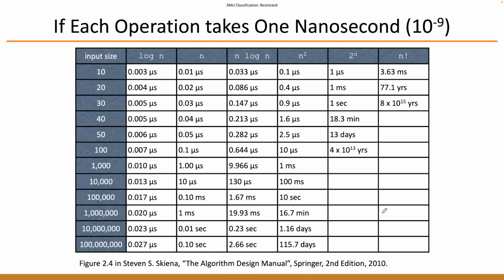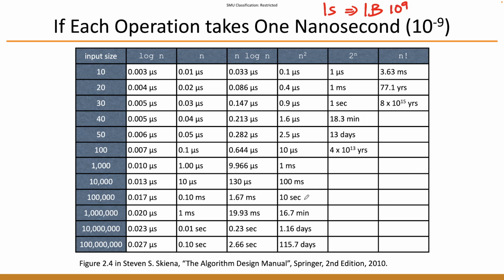Okay, so this is another way to represent the same information, right? Suppose you have a very quick computer, such that every operation only takes 1 nanosecond, 10 to the power of 9. Or another way to say it is that every second, you can execute 1 billion operations, right? You can execute 10 to the power of 9 operations.